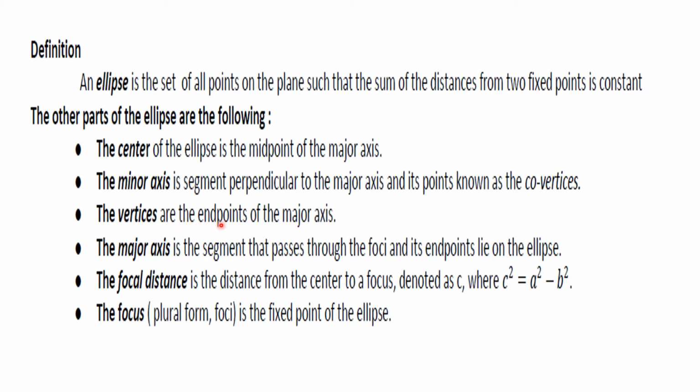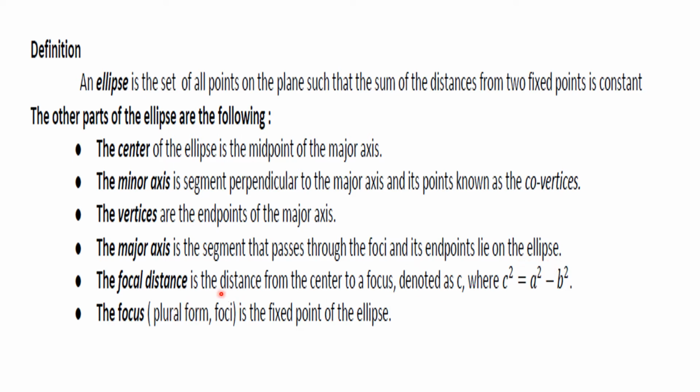So take note that vertices can only be found on the major axis, but our minor axis also has its co-vertices. Next, the major axis is the segment that passes through the foci and its endpoints lie on the ellipse.